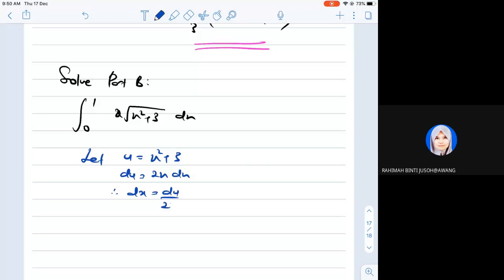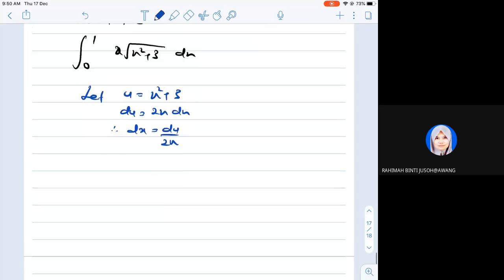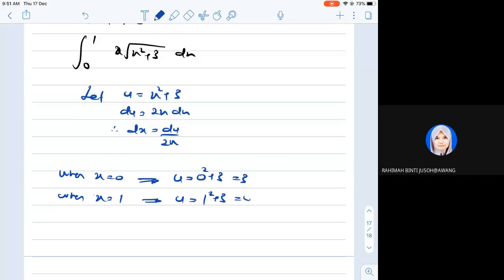dx is du over 2x. Again, when x equals 0, we have u equals 0 squared plus 3, so it becomes 3. And when x equals 1, we have u equals 1 squared plus 3, so it becomes 4.